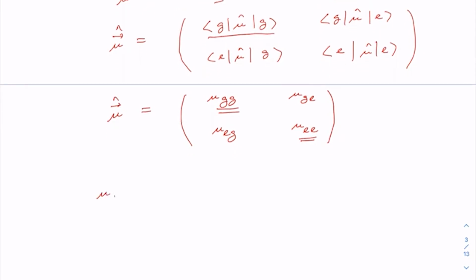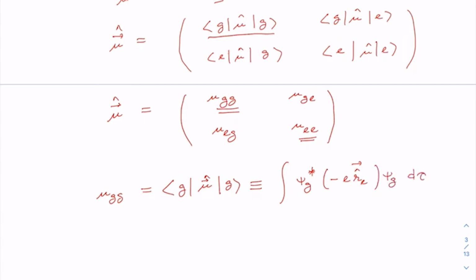We can write mu_gg in the integral form also. mu_gg is equal to ⟨g|mu|g⟩, and in the Schrödinger representation, in the integral form, we can write it as the integral of psi_g star, the dipole moment operator minus e r, psi_g, and the integration is taken over the full volume.